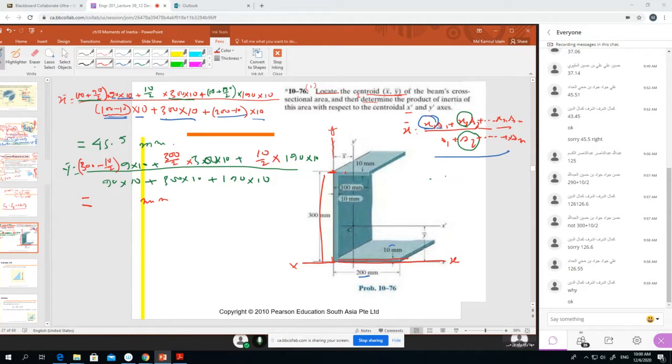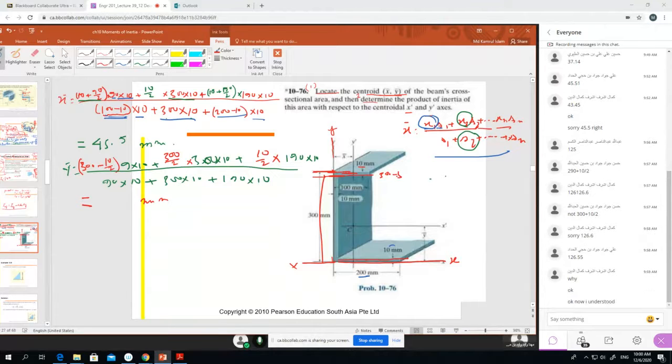So we have to come a little bit down. How much down? Half of 10, that means 5. If you want to come down, it is minus, so minus 10 by 2, right? Before, I made the mistake of thinking 300 went up to here, but 300 is until the top surface. So from 300, it will be 300 minus 5. Understood, fine, and you do the calculation again, please.